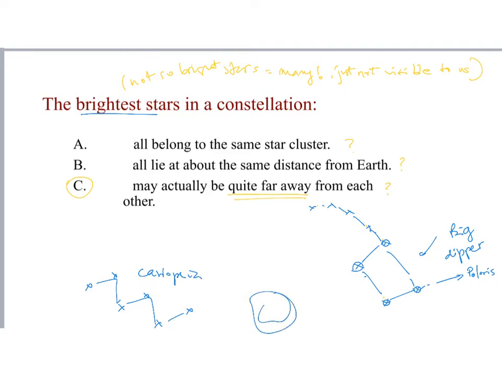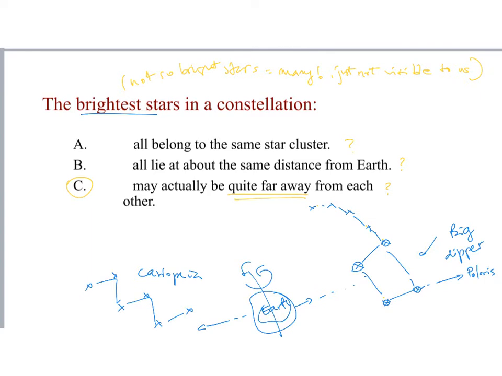Say the Earth is here, and you're looking this way, you can see the Big Dipper, but like half a day later, you're going to see this side because the Earth rotates around its axis.